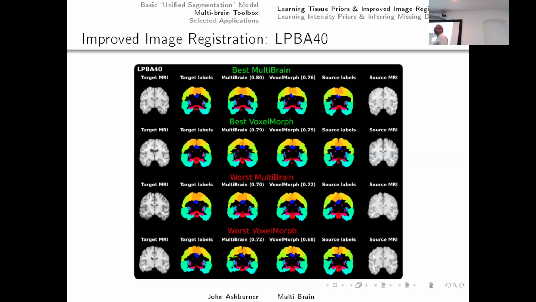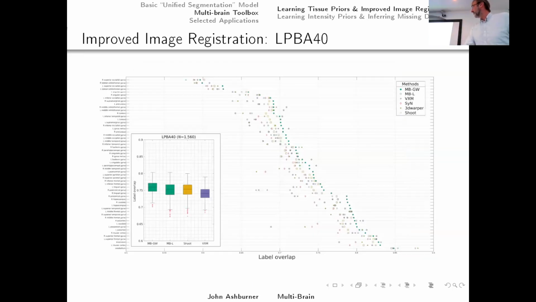The best result from VoxelMorph, which is one of the competitors. The worst multi-brain results and the worst VoxelMorph results. And we compared it against some of the results from Klein's 2012 paper, where he compared lots of methods.